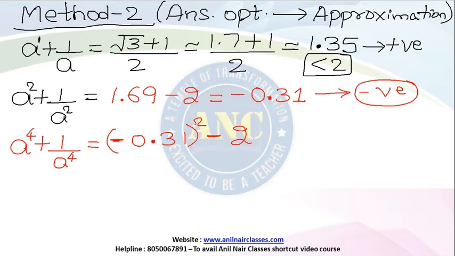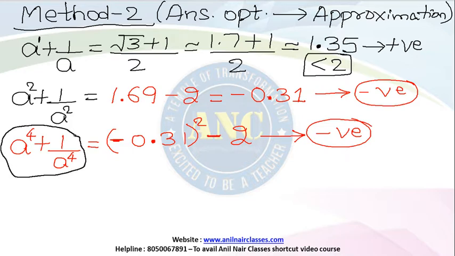Anyway, negative number, when I square it, I will get positive. 0.3 whole square is 0.09. 0.09 when subtracted from 2. Eventually, my answer should also be negative. That means a simple conclusion says that a power 4 plus 1 by a power 4 should be a negative value.